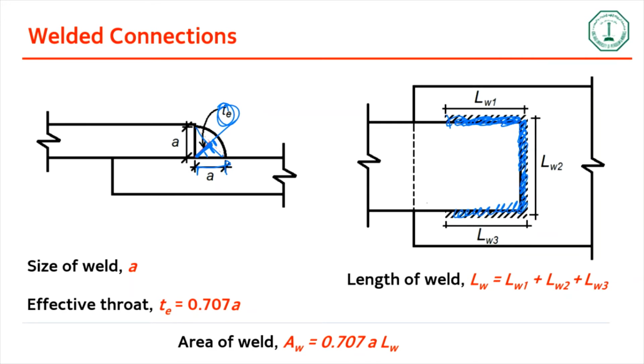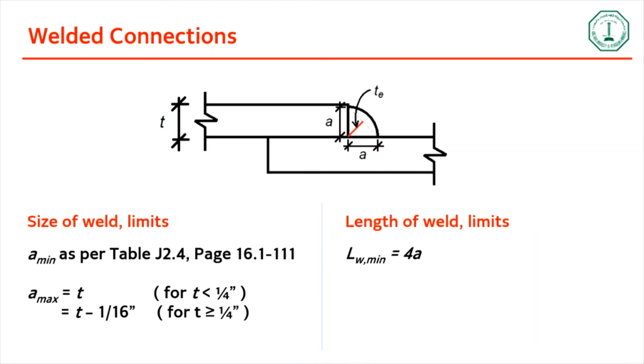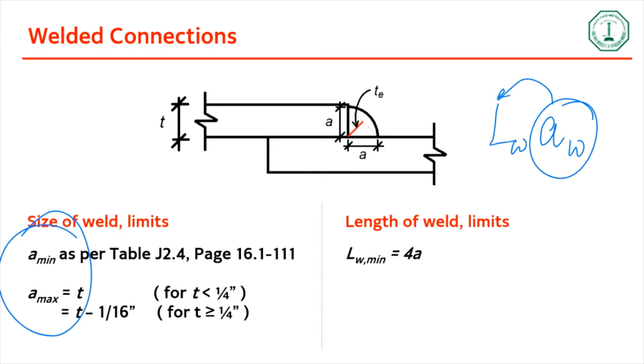When you add all of them, you get the length of the weld, and then the area of the weld is calculated using this equation, which is essentially effective throat TE times length of the weld. And then you have limitations for A. As I told earlier, when we're designing, we end up with L and area of the weld. So you have to fix one of them and design for the other. Usually we fix the A value and then find the length required.